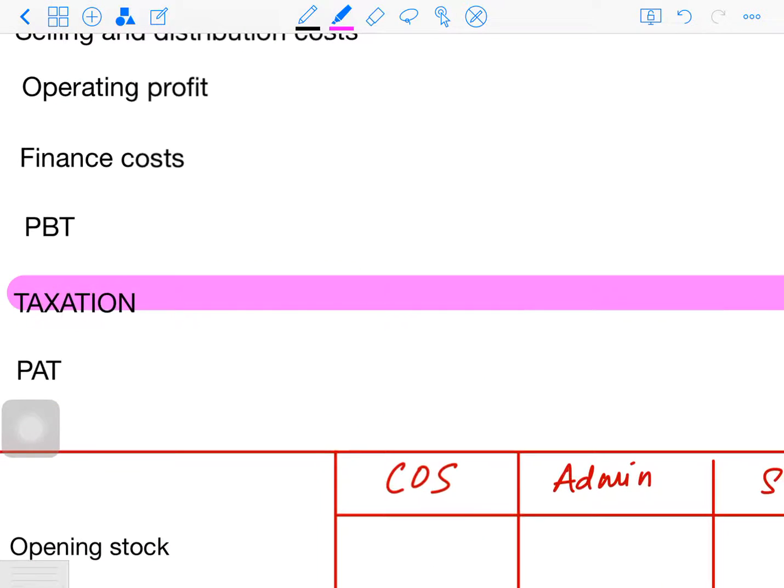Okay, so you have to pay, already have 1040, okay, plus 40.